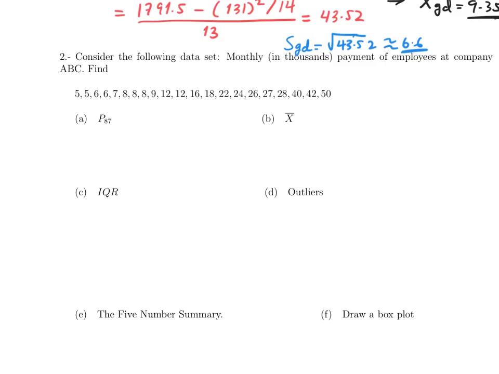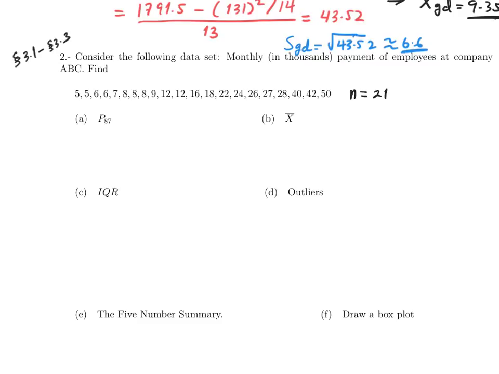Question number 2 covers sections 3.1 to section 3.3. The first question is asking you to find a percentile to figure out how much is P87. The first thing you have to count is how many you have in the sample. In our case, N, or the sample size, is 21.